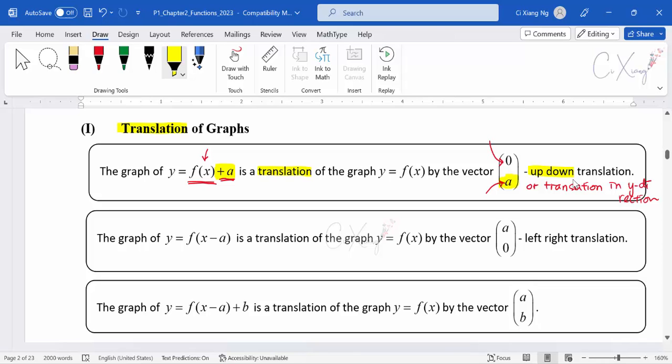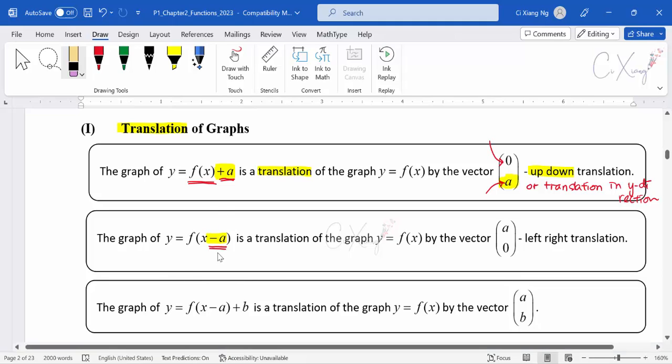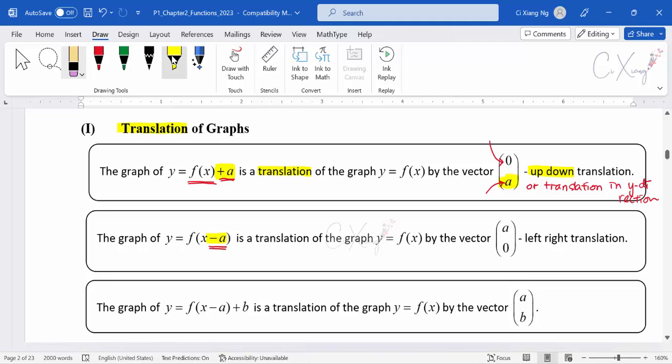Okay, now we're going to the next one. If we have a minus a, you can see that the negative a or positive a is inside the basic function. You can see that the negative a is inside the function f(x). Then generally it is the horizontal translation.